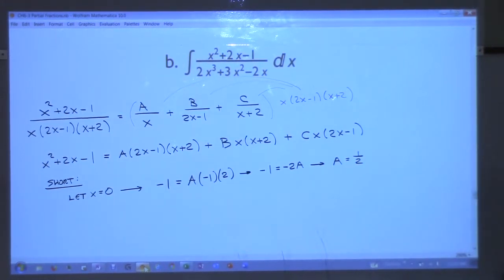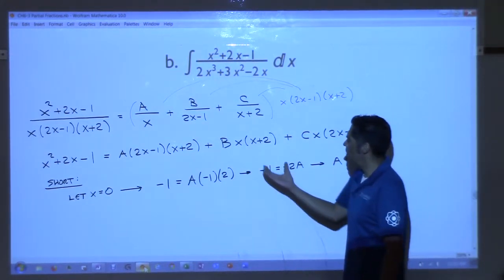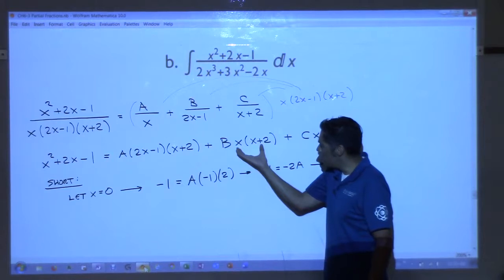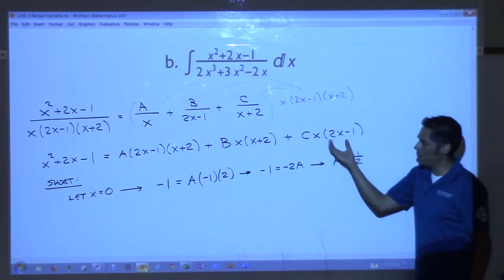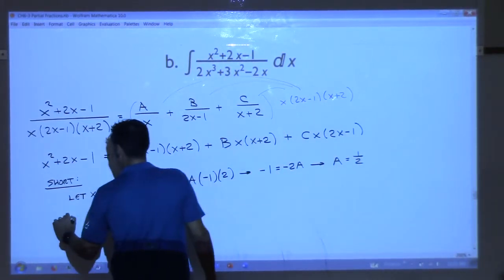Okay, so now we know what a is. Now let's see, can we get b using the same sort of approach? Can we somehow preserve this, but kill this and kill this at the same time? You should be able to.